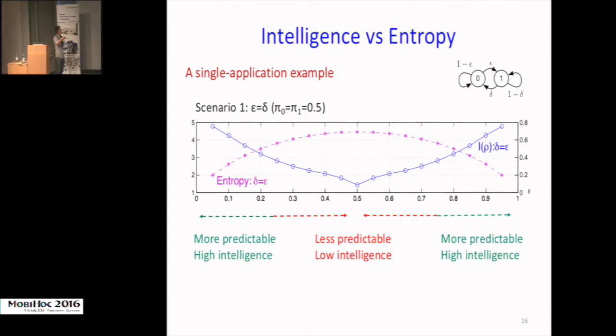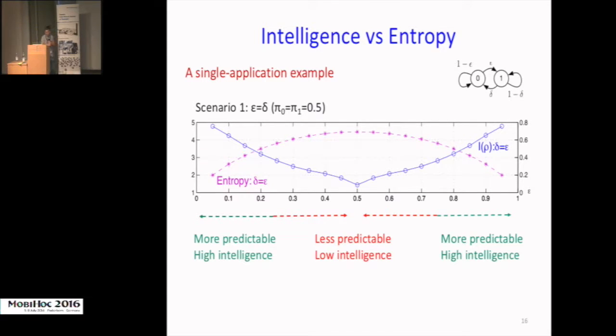But as I vary the value of epsilon, we see that the entropy changes, and the entropy is max here when everything is half-half. And you can also see that the intelligence level is lowest here, which is sort of intuitive, like I said. Larger entropy means the system or the guy is less predictable, in which case, don't expect to get good service from the system anyway.